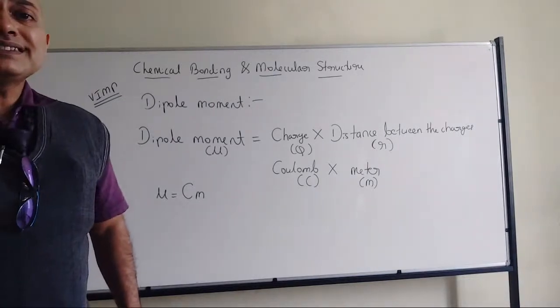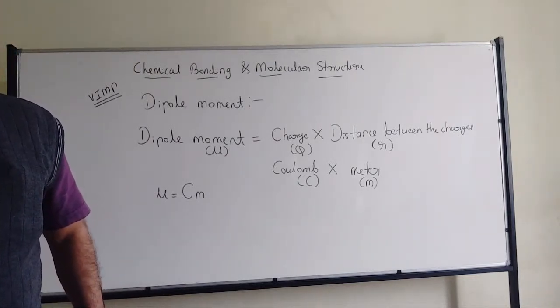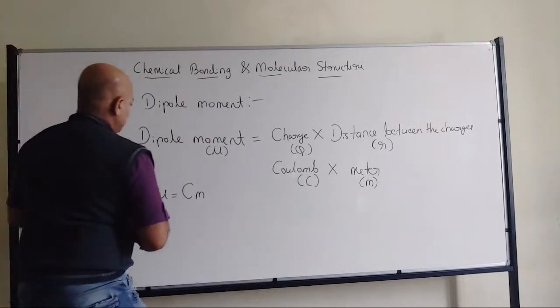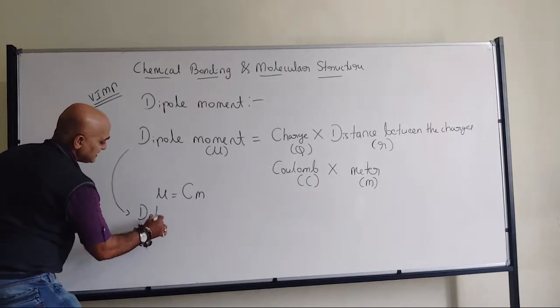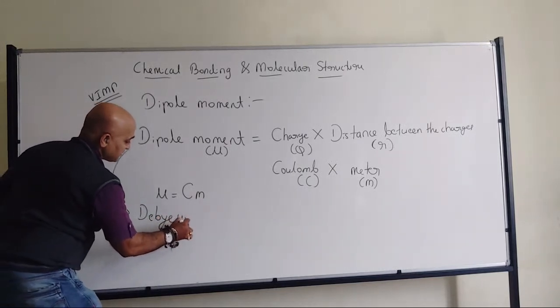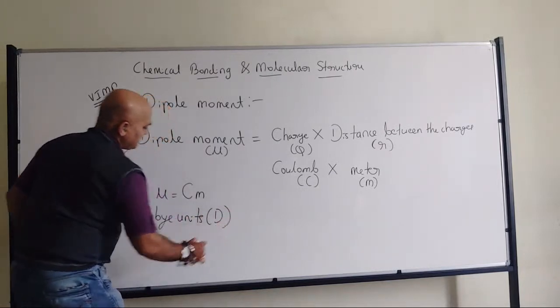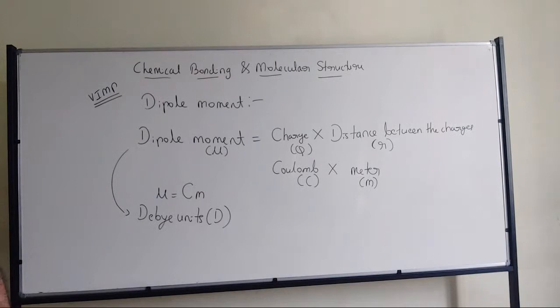But still, based on one of the scientists' names, to show gratitude for his contribution, people go with another unit for the dipole moment, which is called Debye units, capital D will be the symbol.